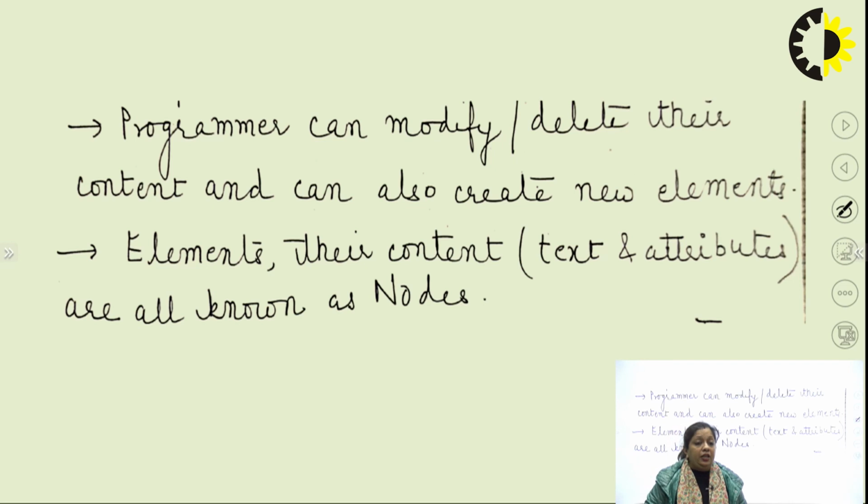A programmer may even add or create some new elements in the document. The elements I am talking about here include the text as well as the attributes for the elements, and they all together are known as the nodes. So a DOM model will consist of a tree structure which will contain the nodes, which are nothing but the elements along with their content, that is text and attributes. And using this DOM model, a programmer can easily modify or delete the content of an XML document.